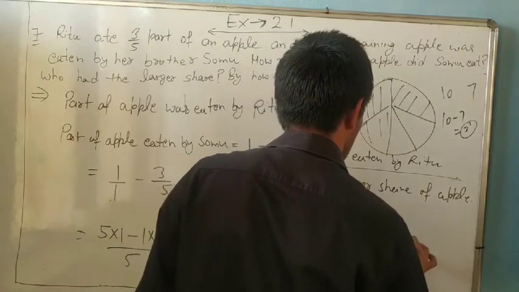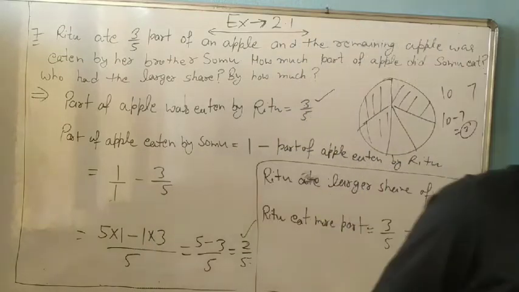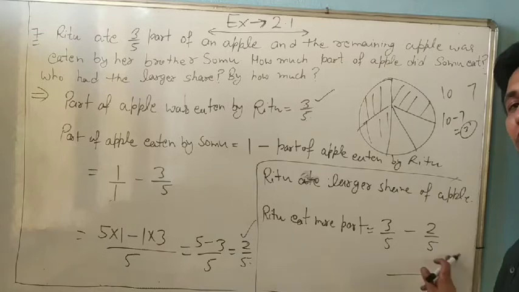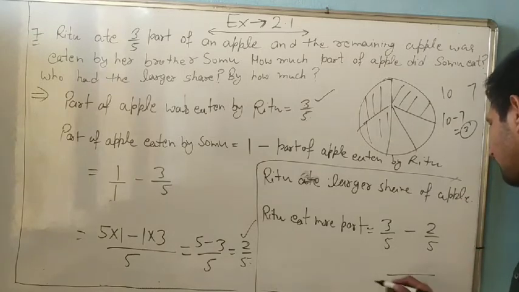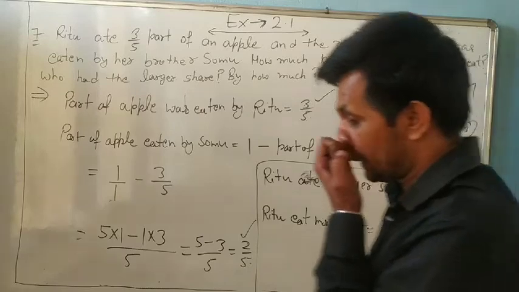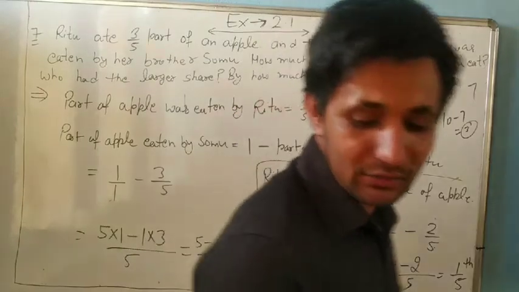Ritu's part 3 upon 5 minus 2 upon 5. How will we solve it? Again two fractions, so we take the LCM. The LCM of 5 and 5 is 5. 5 divided by 5 is 1, 1 into 3 is 3. 5 divided by 5 is 1, 1 into 2 is 2. So 1 by 5th part was eaten by Ritu more. That is your answer.